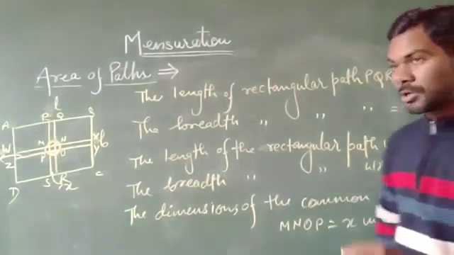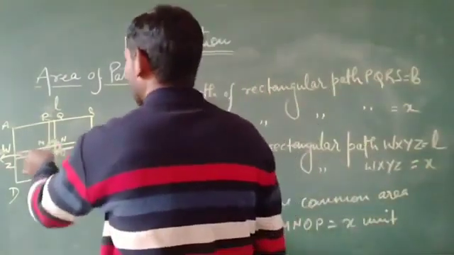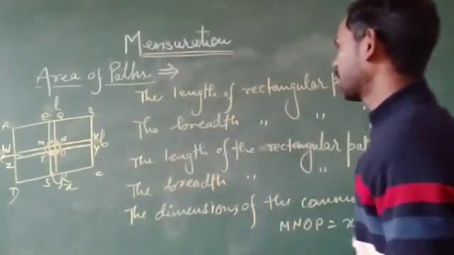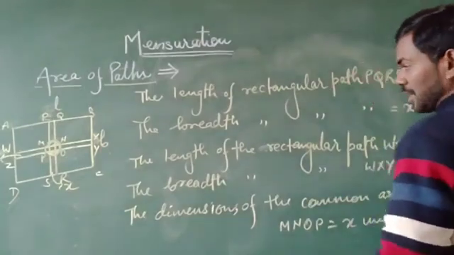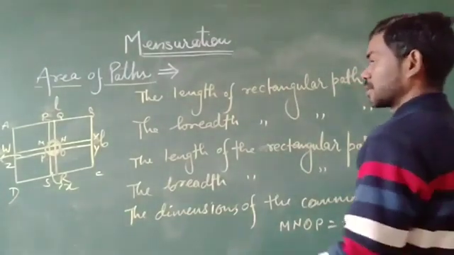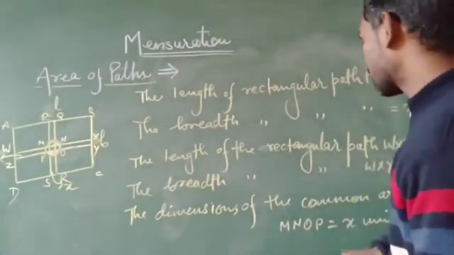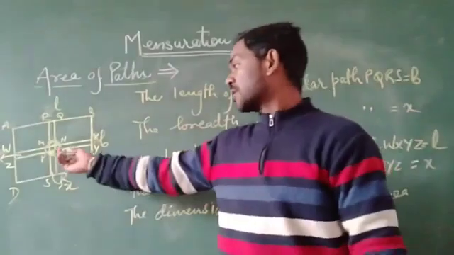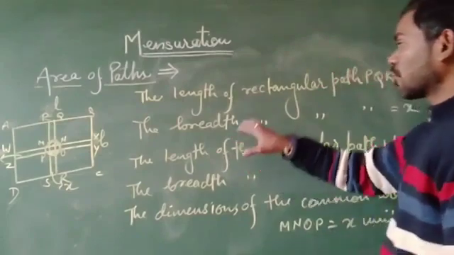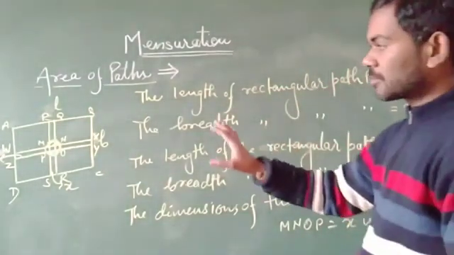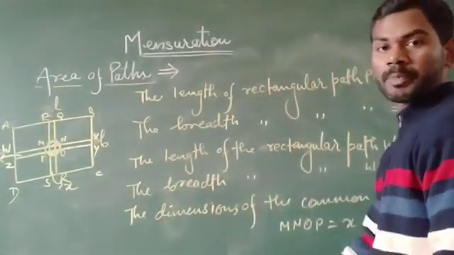Okay, so in order to get the area of this rectangular path, we have to find the area of the rectangular path along the breadth of the rectangle, and the area of the rectangular path along the length of the rectangle. Then we subtract the area of the common region MNOP, which will yield the area of the path.